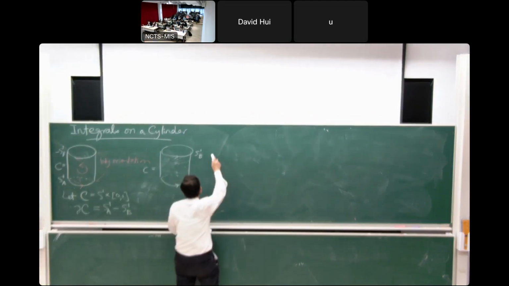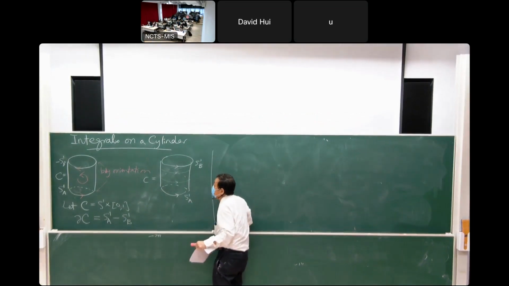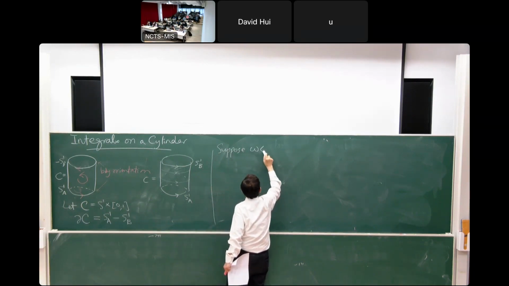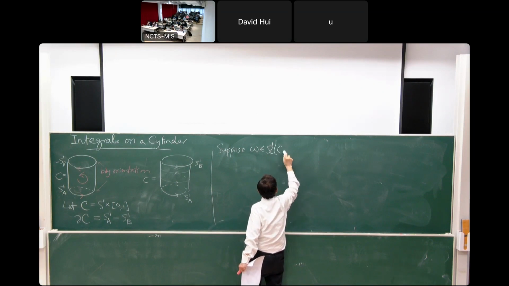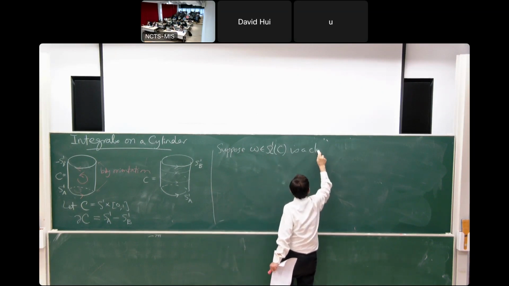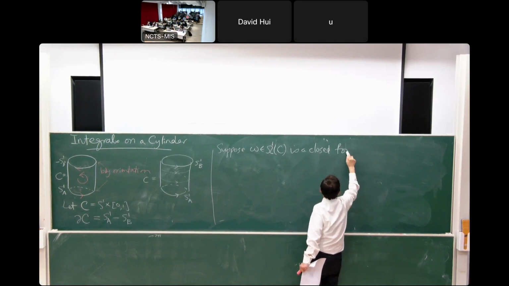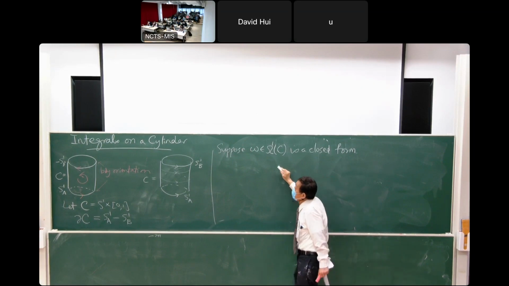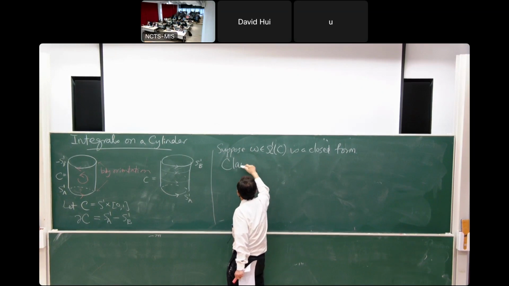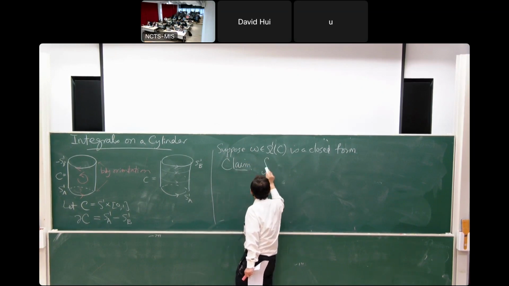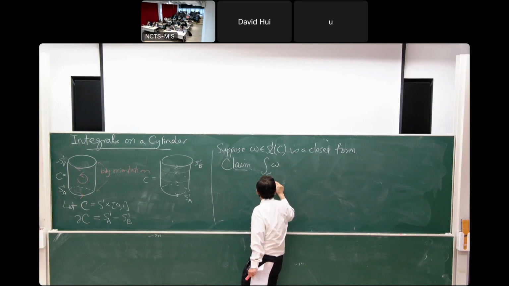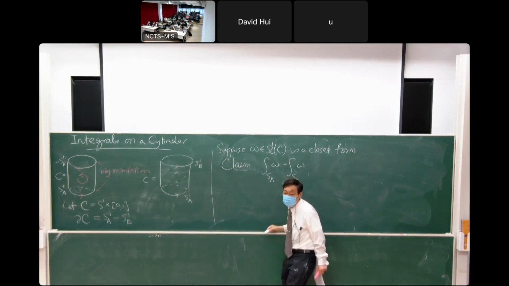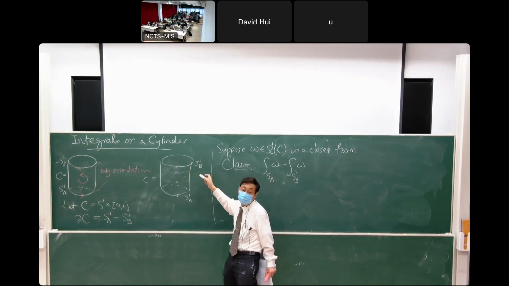And then suppose that omega is a closed one form on C. Okay, then the claim is that the integral of omega on S1A is equal to the integral of omega on S1B with these orientations.